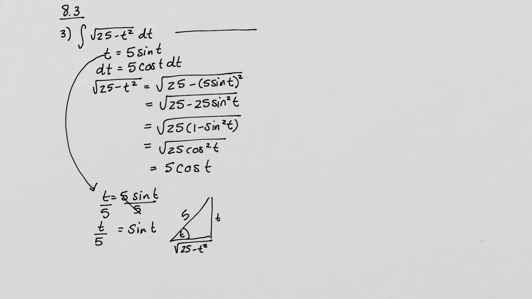So my original integral here is going to end up being equal to the integral. The square root part is 5 cosine t, and then the dt part is 5 cosine t dt.